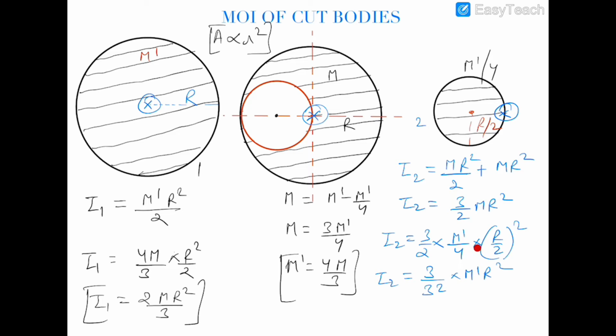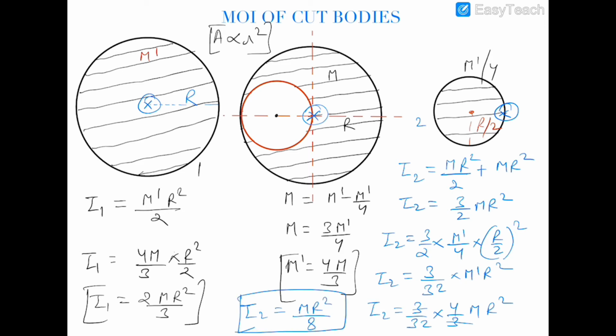So 4 into 4 would be 16, and 16 into 2 would be 32. Now the value of m dash is 4m by 3. So I2 is equal to 3 by 32 into 4 by 3 into m into r square, and therefore I2 is equal to m r square by 8.